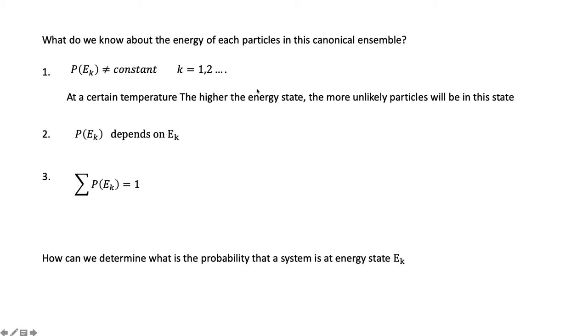So we can say that the higher the energy state, the more unlikely the particles will be in that state. From another perspective, the probability of the particles being at energy Ek depends on this energy level. However these probabilities are, the sum of them will always be one, because all the possibilities summed up will be one. So from these, how can we determine the probability that a system is at the energy state Ek?